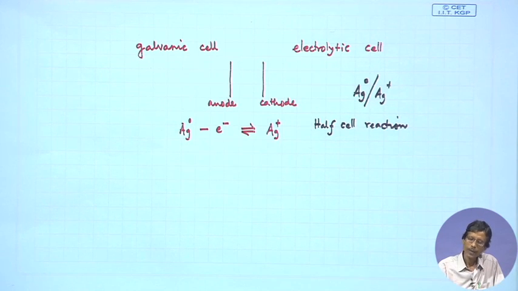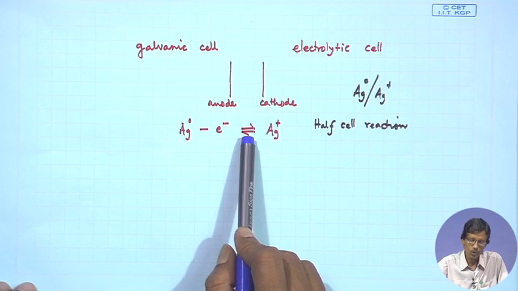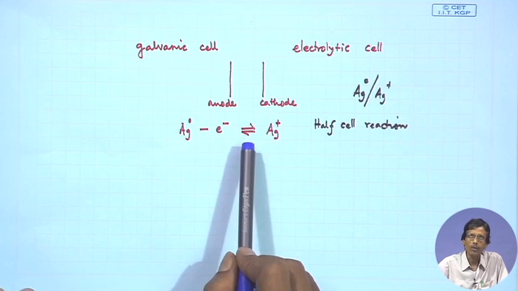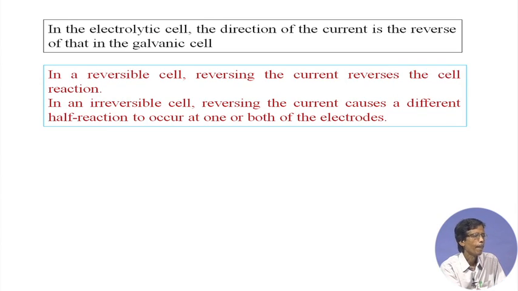But there are some electrochemical cells which are not considered reversible cells. We name those irreversible cells, and they function in a different manner compared to a reversible cell. When we reverse the current direction, a different half reaction occurs at one or both of the electrodes.